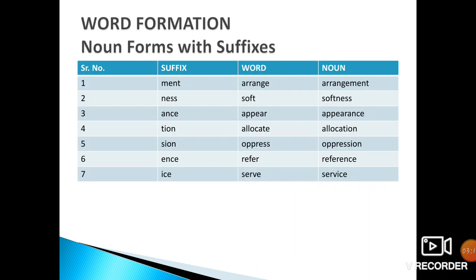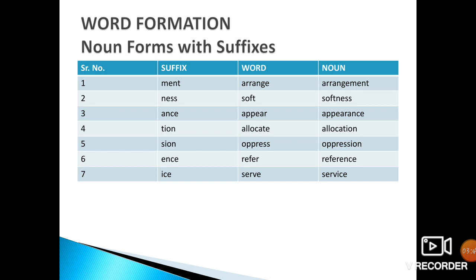Word formation is in front of you and noun forms with suffixes are introduced in this table. There are 7 examples. Suffixes are mentioned, the root words are given and their noun forms after adding the suffixes. Okay. See the examples one by one.